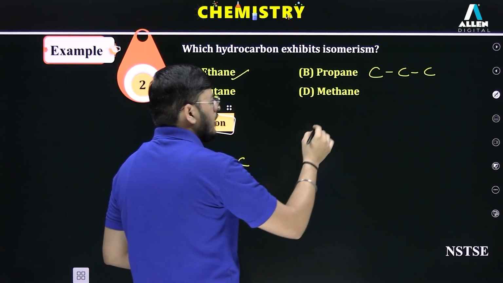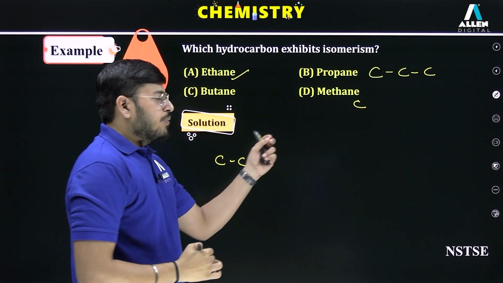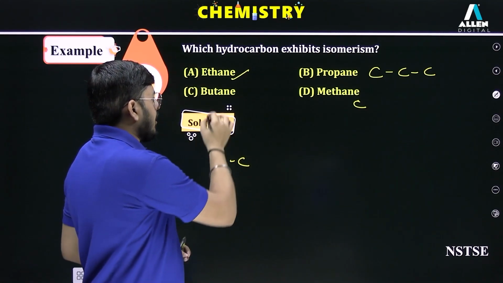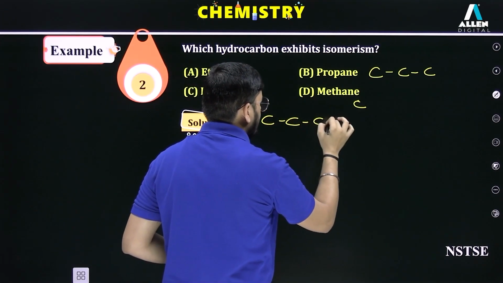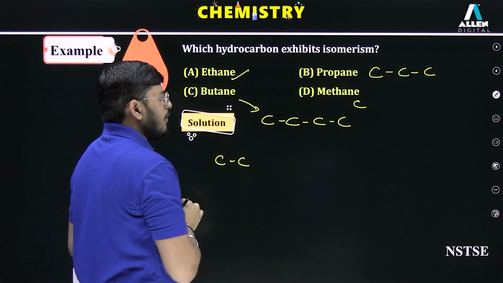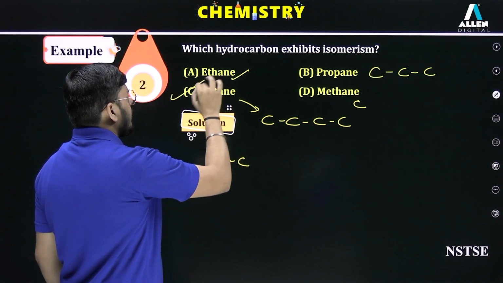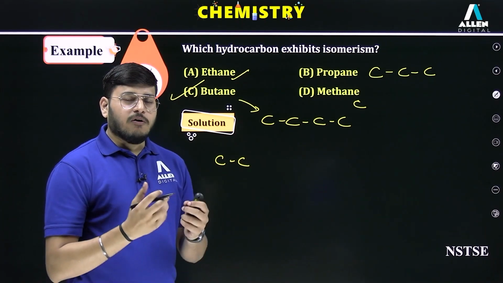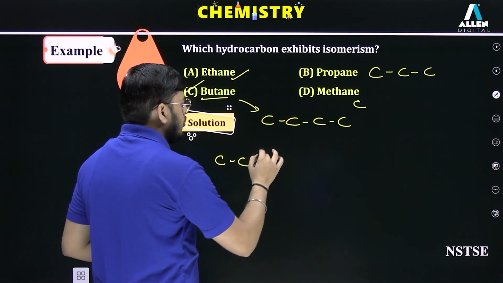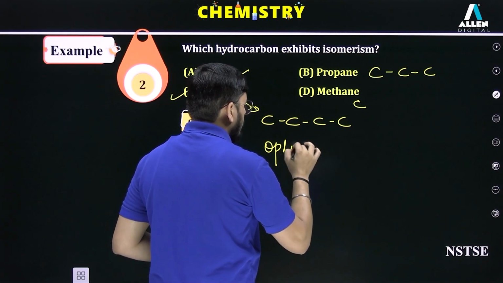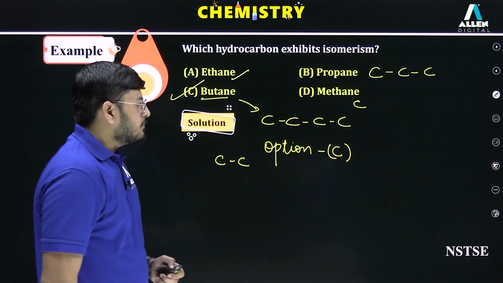In case of methane we have only 1 carbon, but in case of butane we have 4 carbons, and isomerism is possible by creating a branch. That can be easily seen in case of butane. So option C, for carbon, will be the answer.